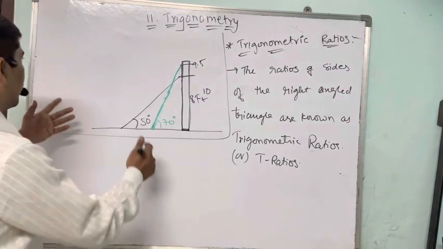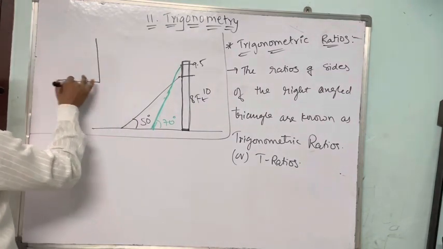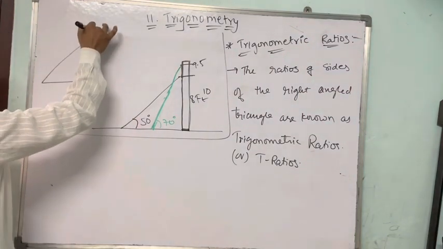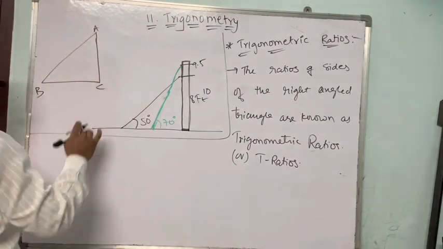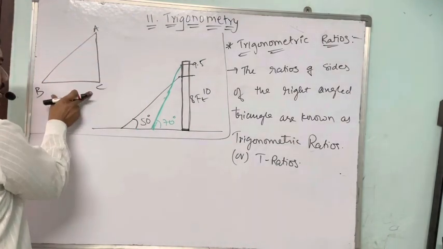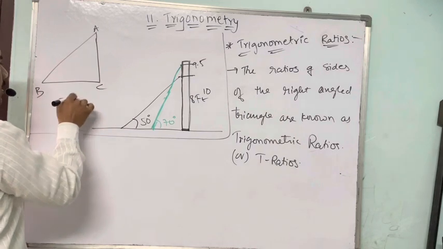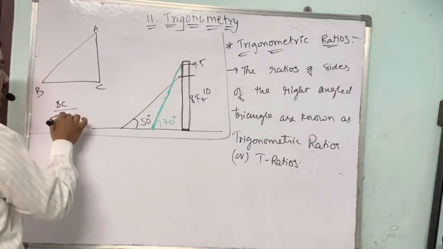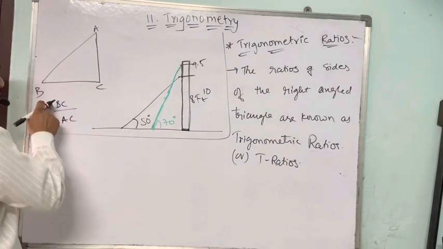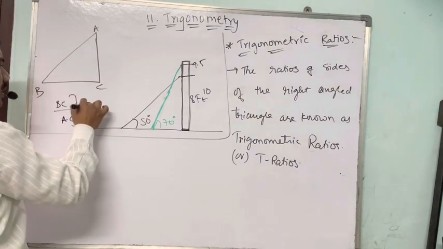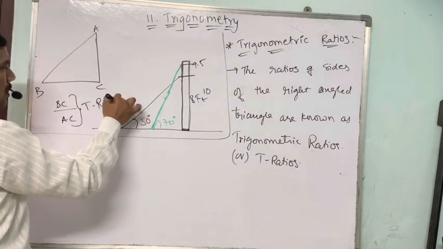See, let us take one example here. ABC. So AB is one side, right? AC is one side. If we take the ratio of that, this is called a trigonometric ratio.